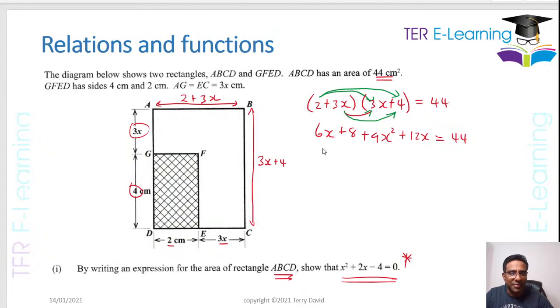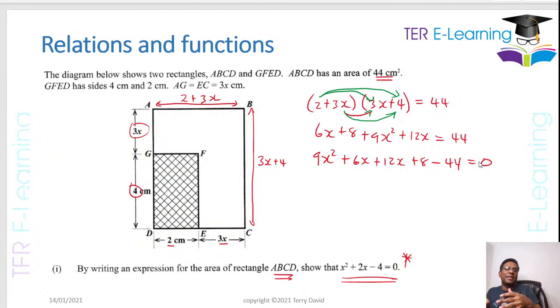So now let's try to simplify this thing. So we have 9x squared plus 6x plus 12x plus 8 minus 44 is equal to 0.